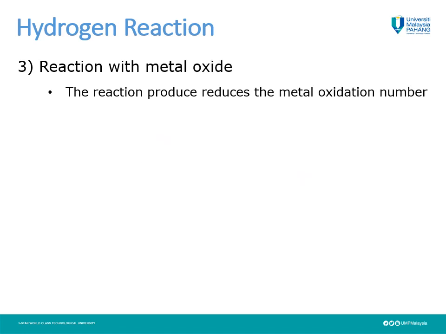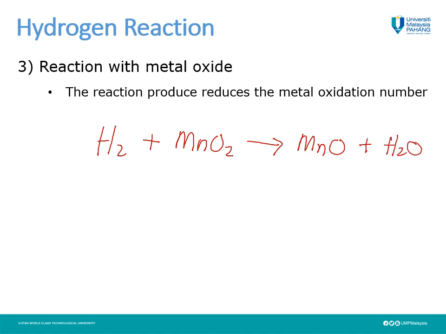Okay, the third reaction is reaction with metal oxides. So the reaction of hydrogen with metal oxide will reduce the metal's oxidation number. So for example, hydrogen in reaction with manganese oxide will produce MnO plus water.